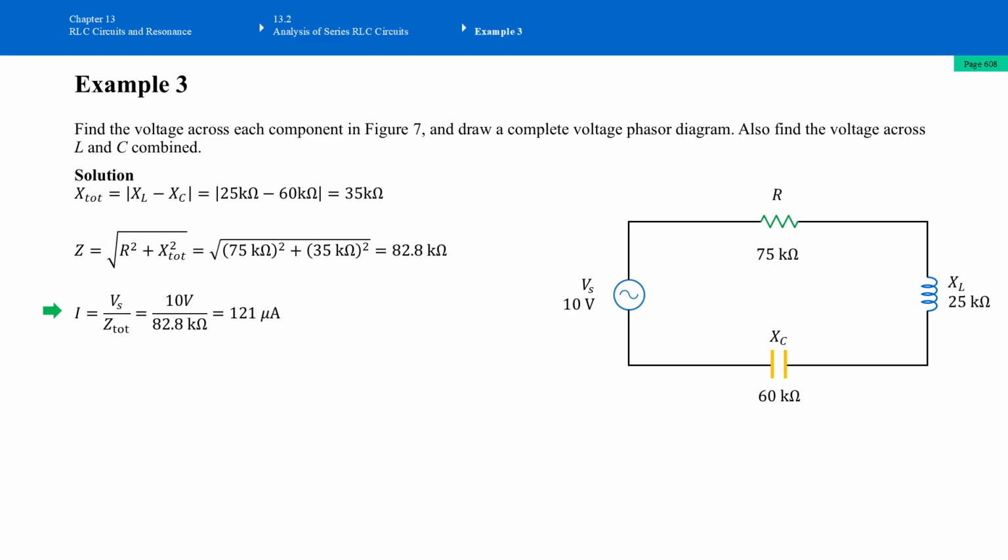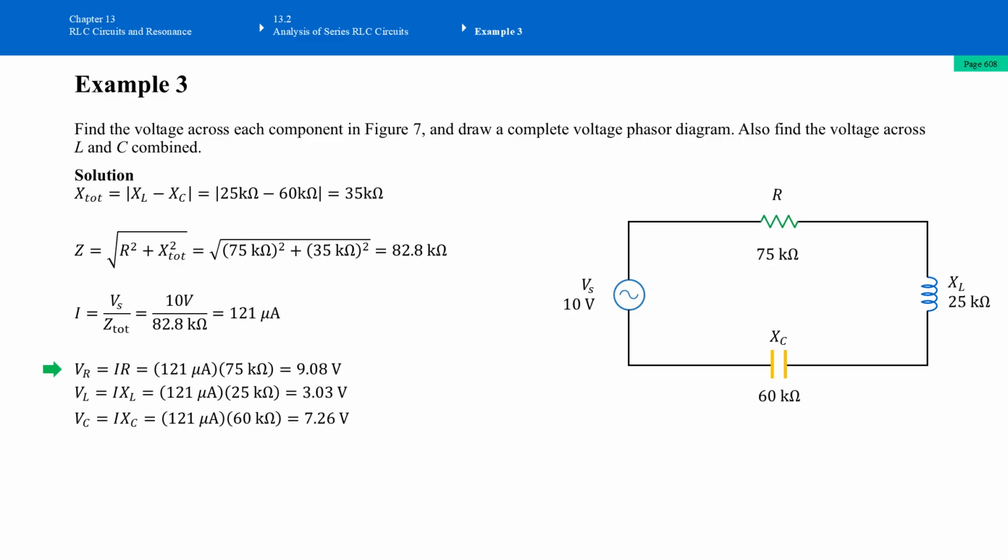The current is constant in a series circuit. So VR is I times R, which is 121 microamps times the resistance, 75 kilo ohms. Using the calculator, we get 9.08 volts.